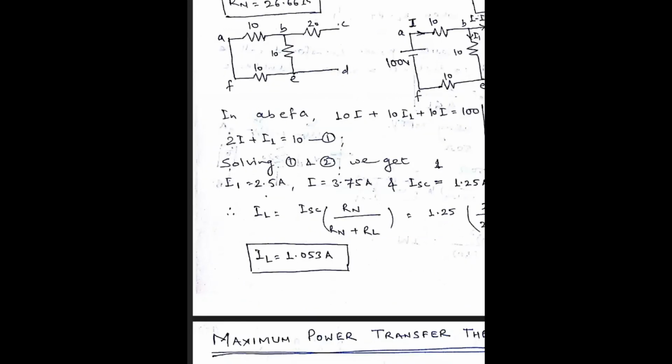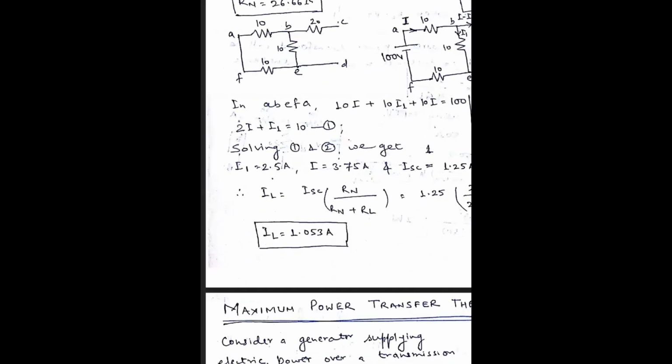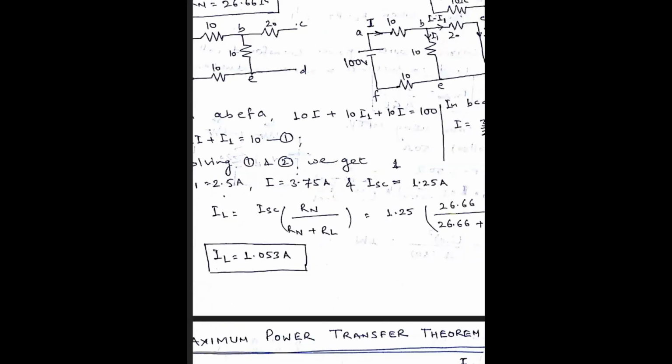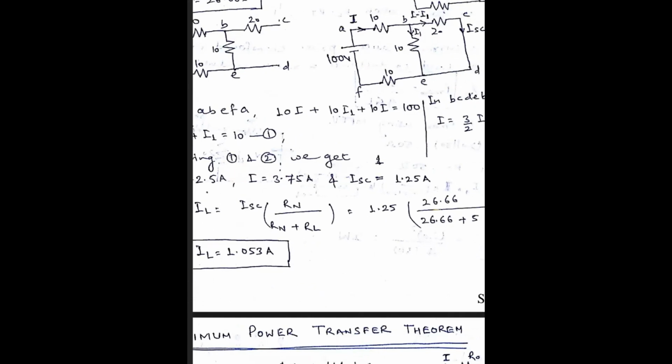So using this formula, we can calculate the load current. Okay, short circuit current we have just calculated. Norton resistance we have calculated. Load resistance is known to us as 5 ohms, okay, in the original circuit. So we will substitute these values to get the load current. Okay, so is this clear to everyone?